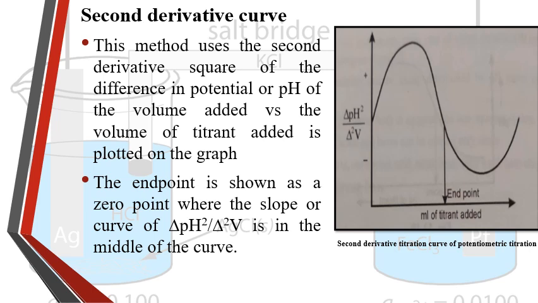Then you compute the second derivative. The point where the second derivative reaches a maximum or minimum indicates the equivalence point more clearly than the first derivative alone. This is because the second derivative highlights points of inflection in the potential change curve.